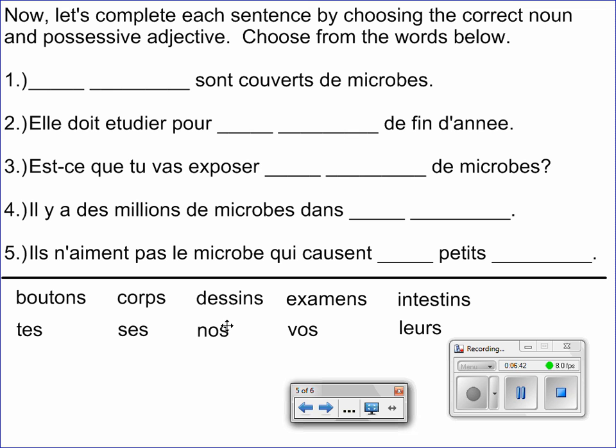Probably corps makes the most sense because that means bodies. So you've got blank, bodies are covered in microbes or microorganisms, sorry. And I think that I'll actually go with nos. So that what I get is our bodies are covered in germs.